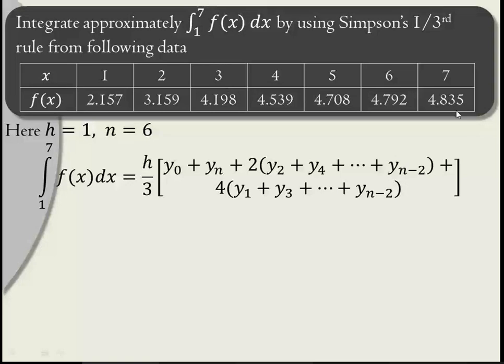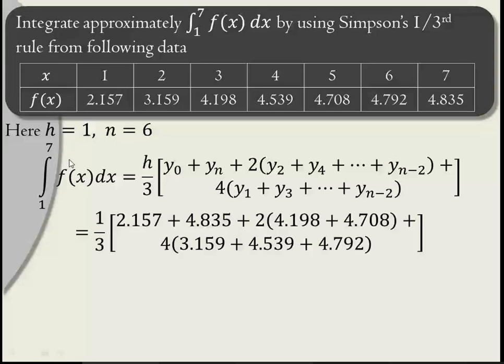So by using these tabular values, h is 1 by 3 as it is, then the first term and last term, the addition of the first and last term, that is 2.157 plus 4.835. Plus 2 times, after taking first and last, don't calculate them again. It will be 2 times y2. Y2 is 4.198.